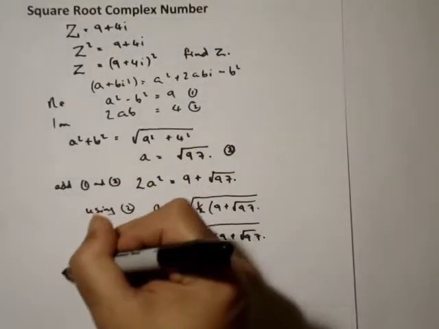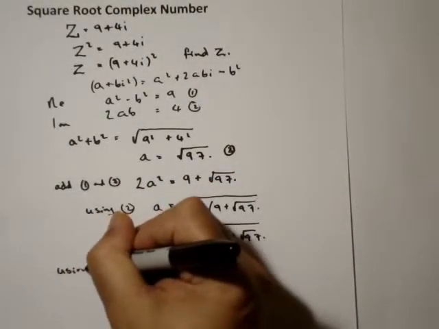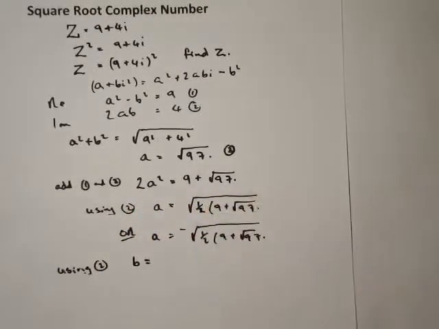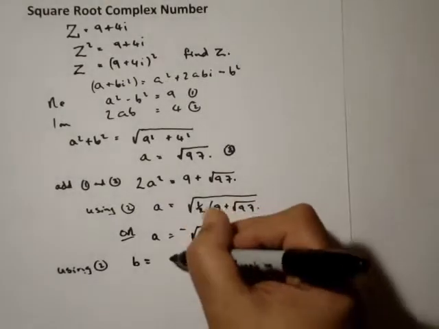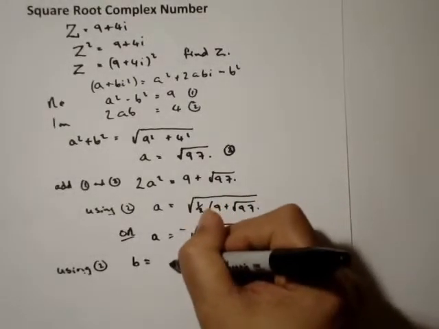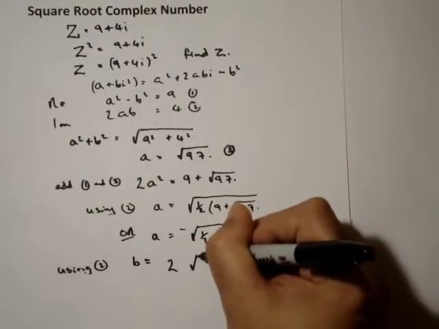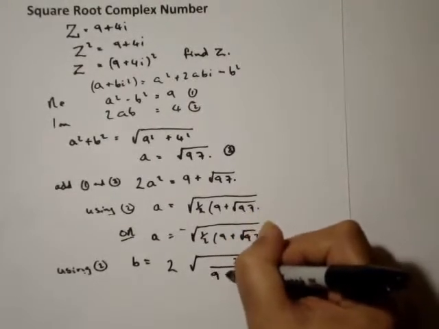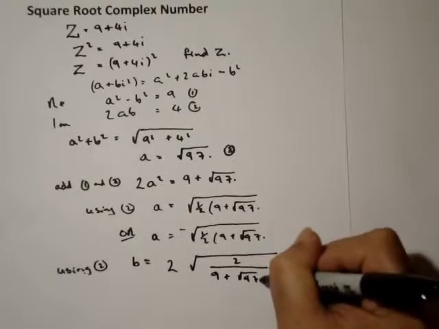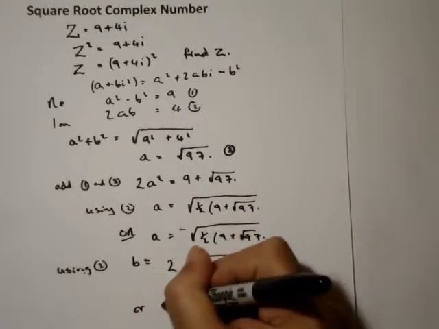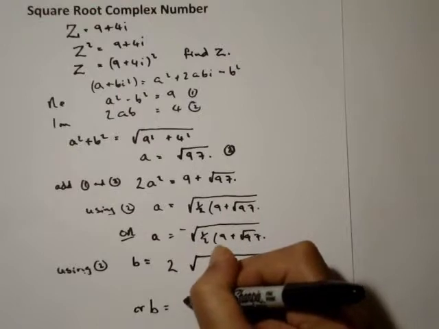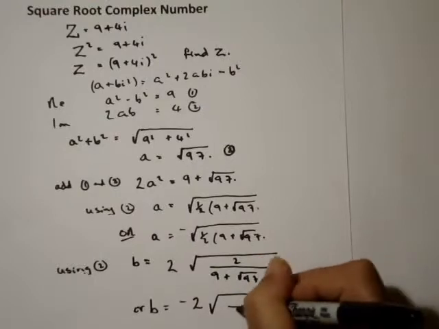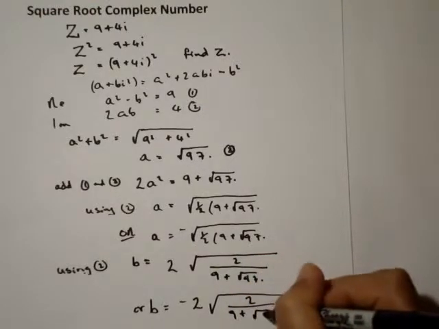Now using equation 2, b equals the square root of 2 over 9 plus the square root of 97, or b equals minus 2 square root of 2 over 9 plus the square root of 97.